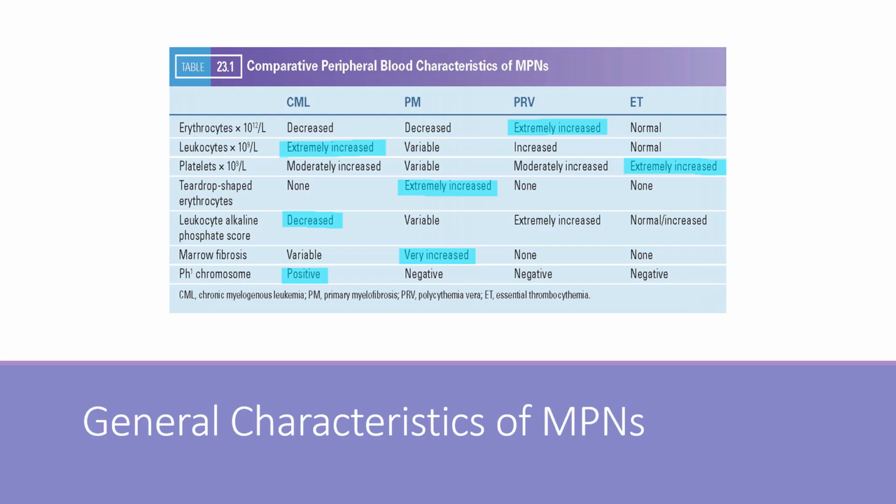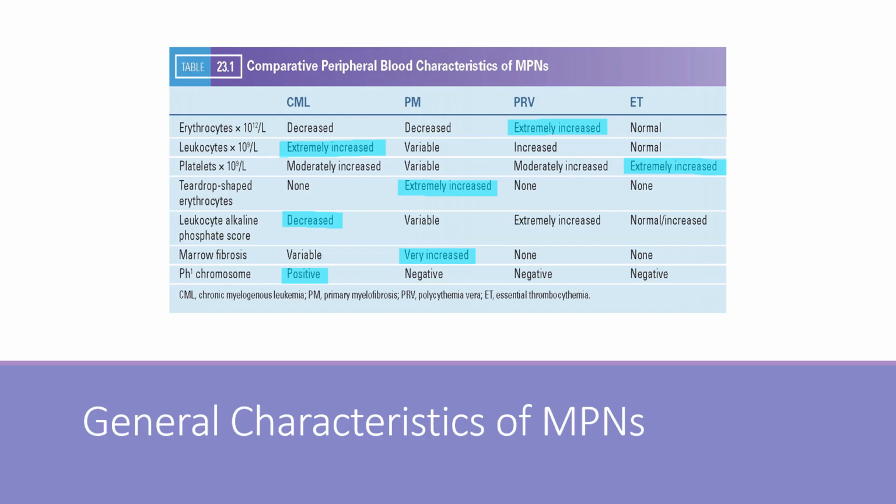Now, we see this in some types of anemia, but in terms of the myeloproliferative disorders, this is going to be a hallmark cell. And again, it's because of that fibrotic bone marrow, as the red cells are trying to exit the marrow and go into circulation, it stretches and pulls those red cell membranes into a teardrop shape.